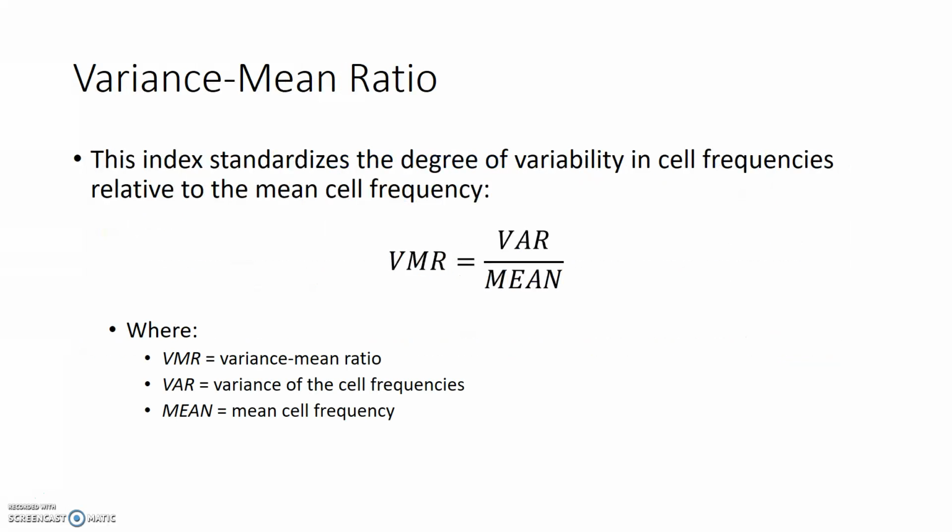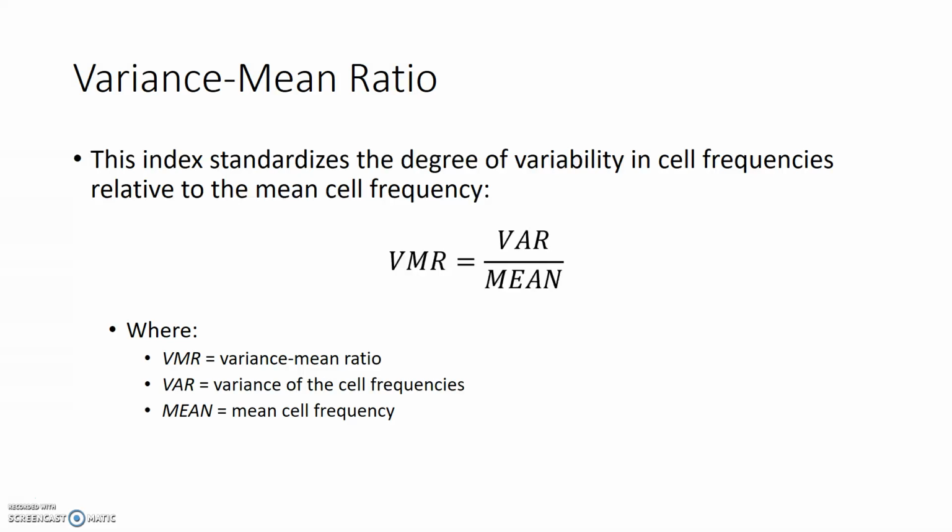Our variance to mean ratio is just a standardization of our variance by our mean: the amount of variability in those frequencies within cells relative to the mean cell frequency. This is a very clean formula. You just divide your variance of cell frequencies by the mean cell frequency.